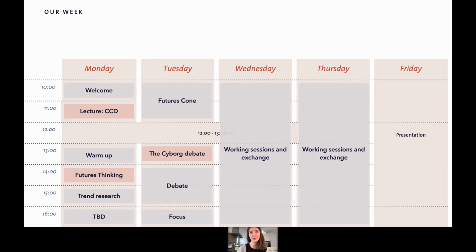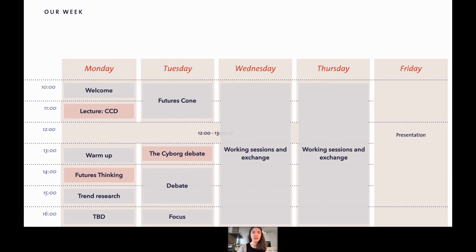And Tuesday we're gonna go a little bit deeper. I will explain what the futures cone exactly is, and we will work a little bit, and then go into defining what kind of scenario we want to work on. So we're going to choose a specific scenario and topic and cyborg, and we'll work on that.